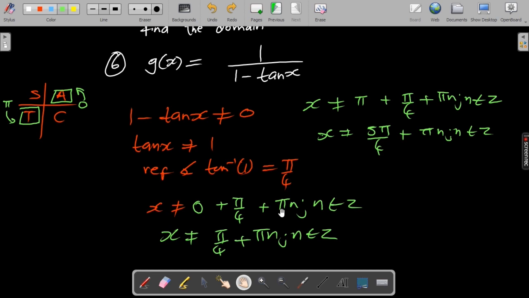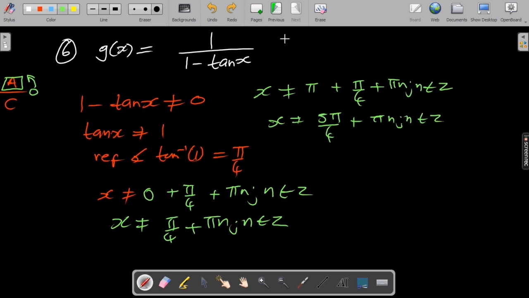Then the second part is we don't want tan x to be undefined. So tan is undefined at its asymptotes. And if you remember, the asymptotes would be at pi over 2 essentially. So it'll be at 90 or negative 90 degrees.